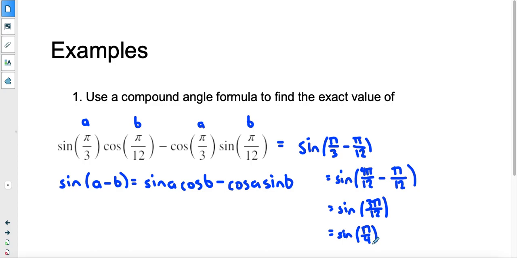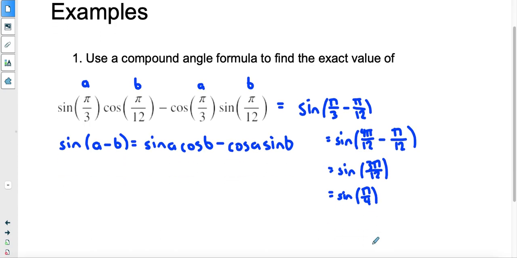Now, to find what sine of pi over 4 is, we can use one of our special triangles. Specifically, we want to use a special triangle that has the angle pi over 4 in it. So I'm just going to draw out that special triangle.